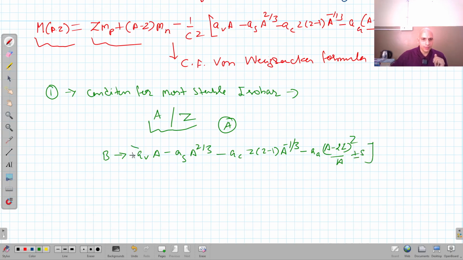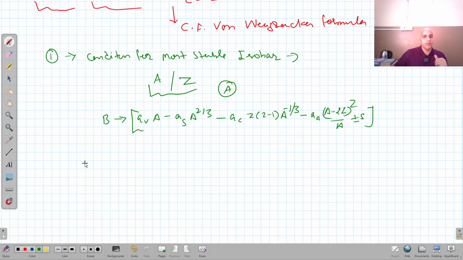This is the binding energy. Now we know very well that if the isobar for the given A is highly stable, then its binding energy will be maximum. And if I apply the condition of maxima to this binding energy, then obviously ∂B/∂Z, since A is a constant, should be equal to 0. This is the condition of maxima in binding energy.